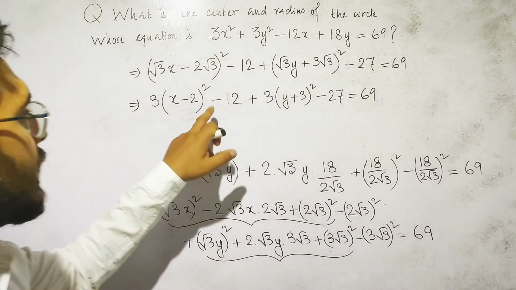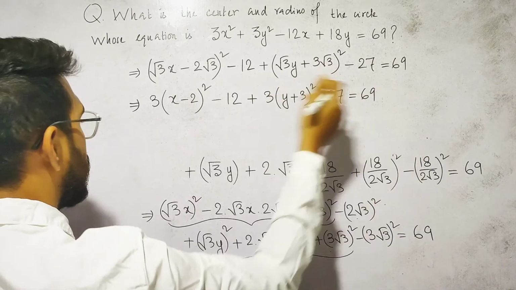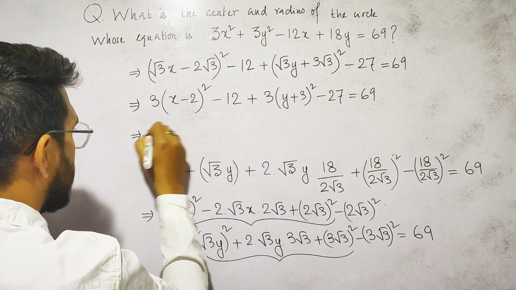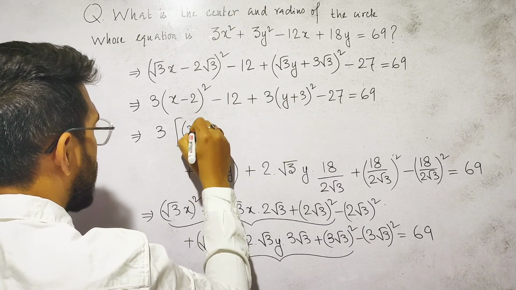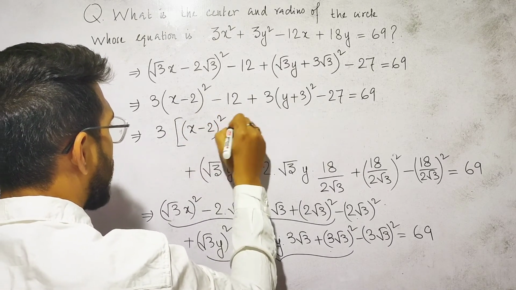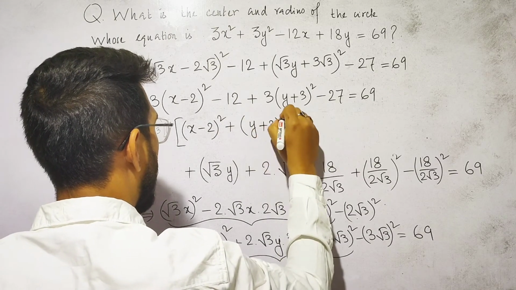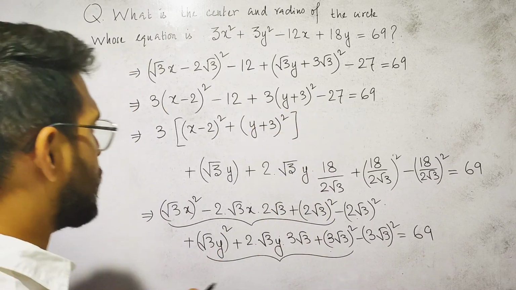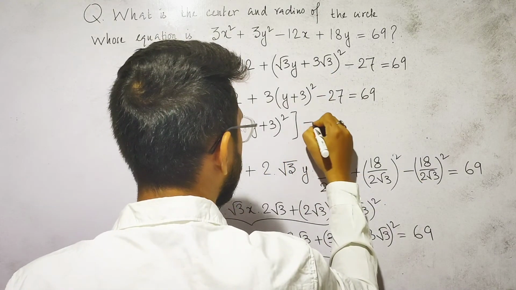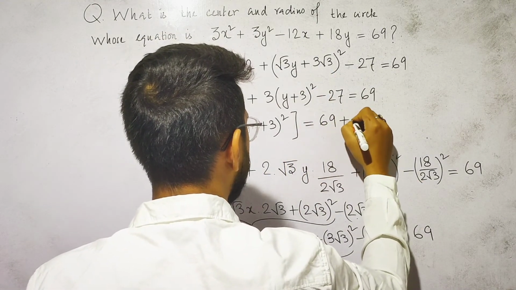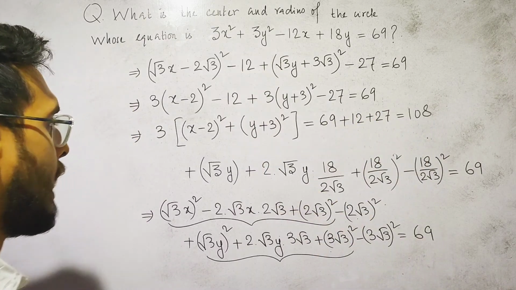Now I can take the 12 and 27 to that side and add with 69. So 3 can be taken in common, x minus 2 whole square plus y plus 3 whole square, and I have taken the 12 and 27 added with 69, so that becomes 69 plus 12 plus 27, which is 108.